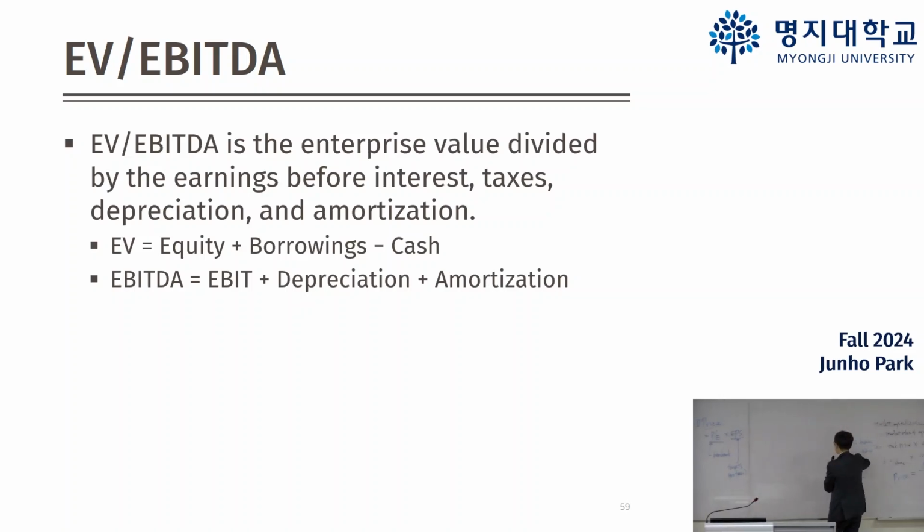So therefore, we should make some adjustments, and EBITDA can help us. To understand why EBITDA can give more precise information, you can think about the income statement. So we have an income statement.